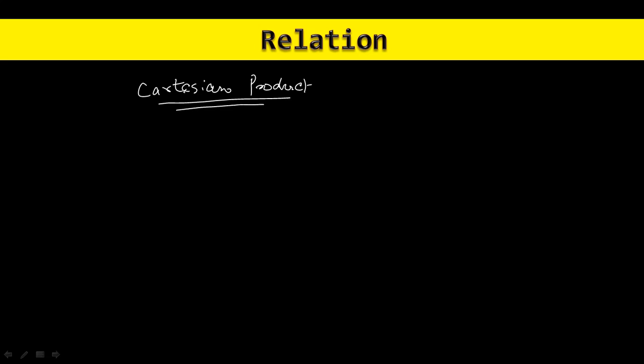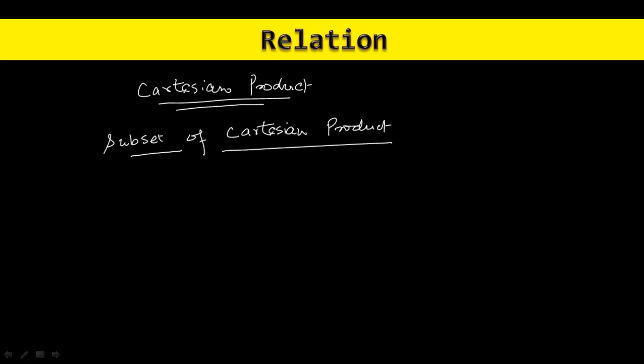You can take a subset of the Cartesian product. You can take all the elements, no issue, but generally this one is a subset of the Cartesian product.